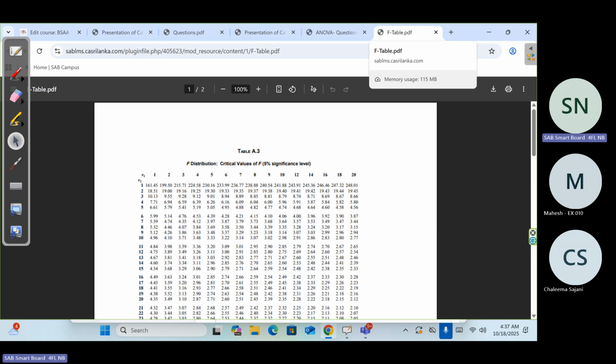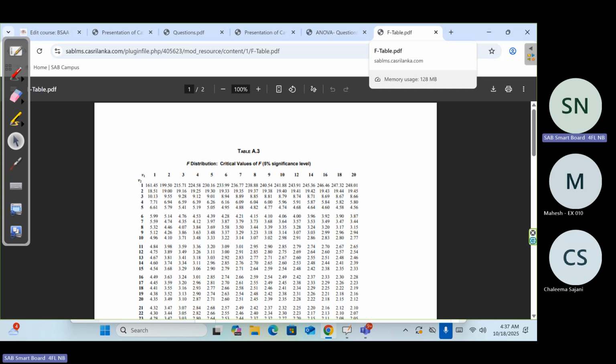So, normally the F table differs with the level of significance. Here I uploaded the F table at 5% level of significance. Look at the topic: F table 5% level of significance. What is given there is the F table if the level of significance is 5%.